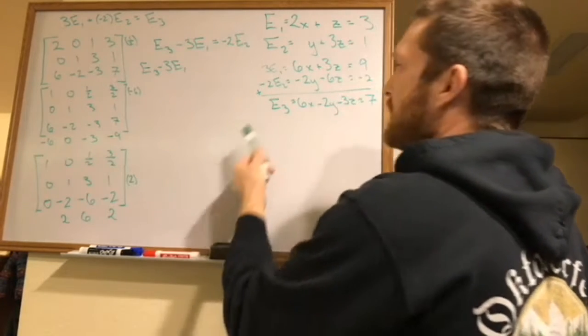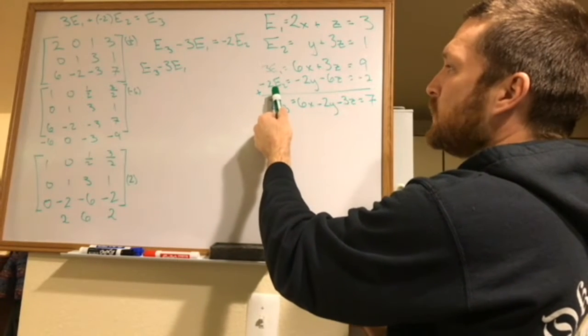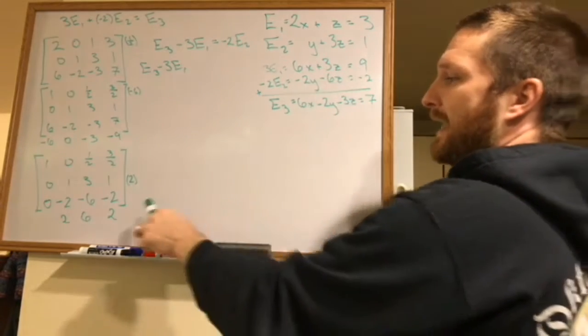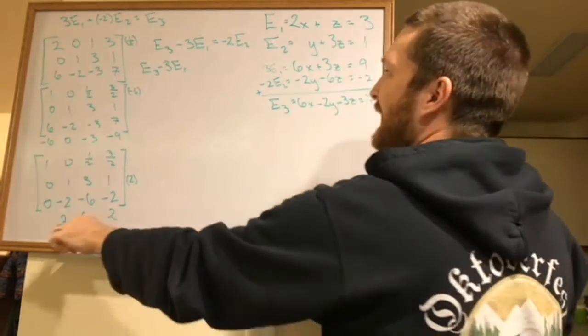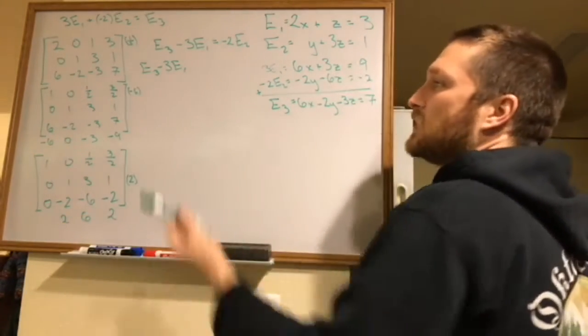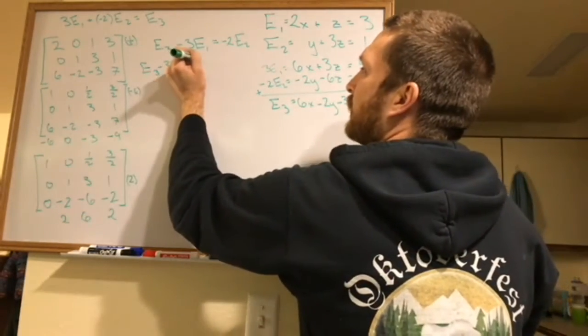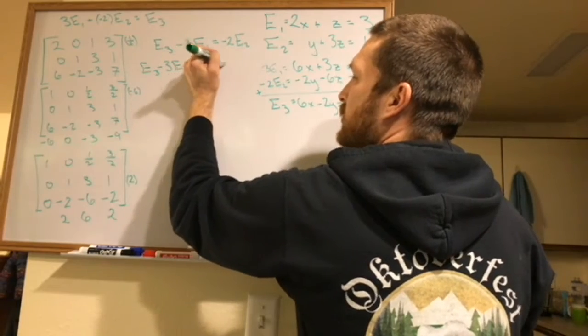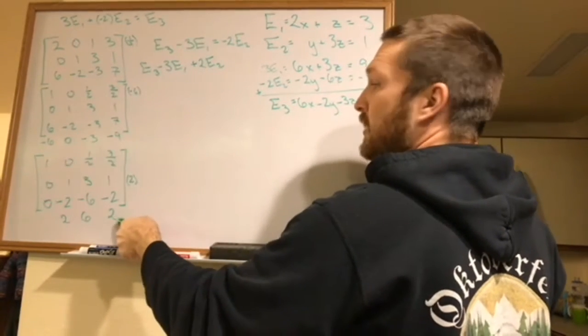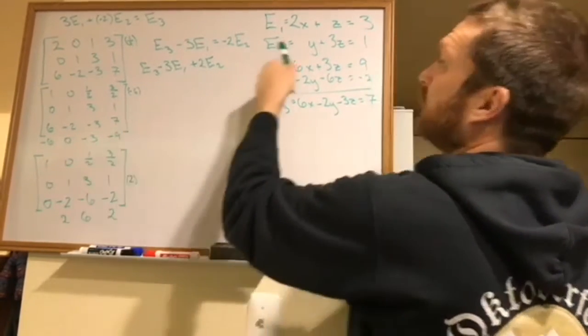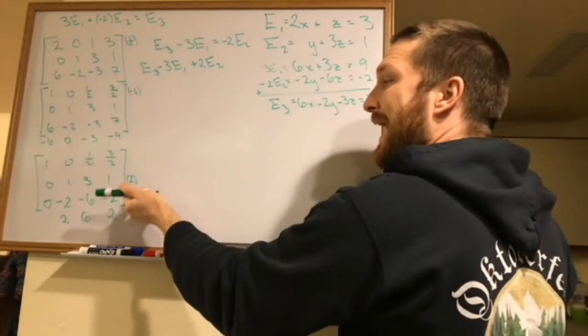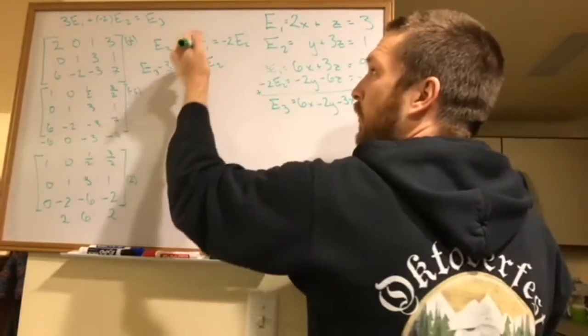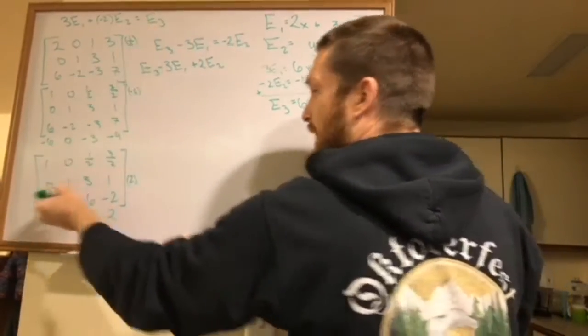Right? That is negative 2 times E2 is that. That would be the negative of that, or adding it to it, right? That's the same thing as saying plus 2 times my original E2. That right there is 2 times the original E2. And I'm simply adding that to that row that I had right there.